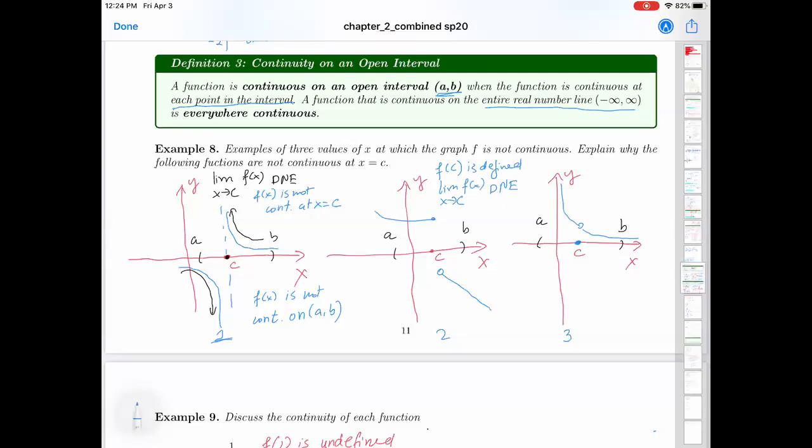So you can conclude that this function f of x also is not continuous at x equals c, and also it's not continuous on the open interval from a to b.